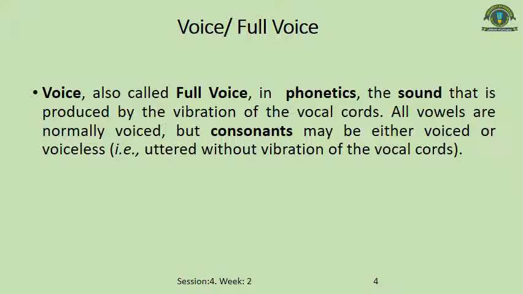That means whenever we produce a vowel sound of English, that part, Adam's apple, larynx, voice box, or the vocal cords, they are vibrating. That's why we call all vowels voiced sounds. But we have two categories so far as consonants are concerned.